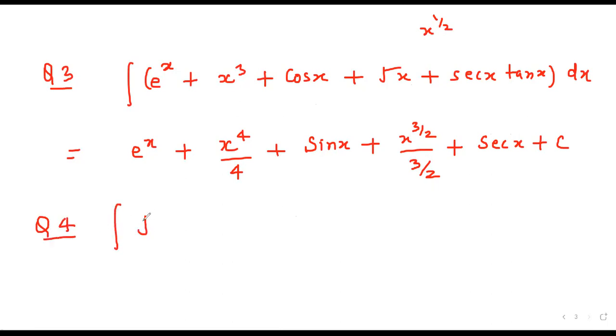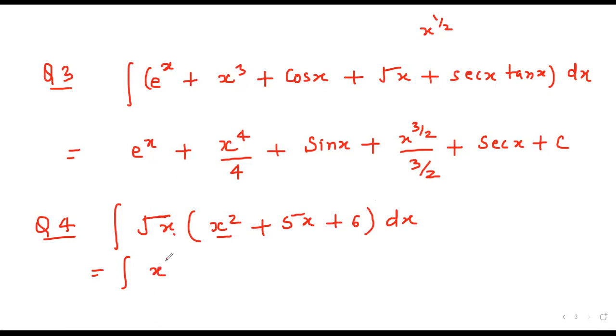Suppose we are given root x times x square plus 5x plus 6, dx. So let's arrange the power of x first. Root x means x power half, so this becomes x power 5 by 2 plus 5x power 3 by 2 plus 6x power half dx.